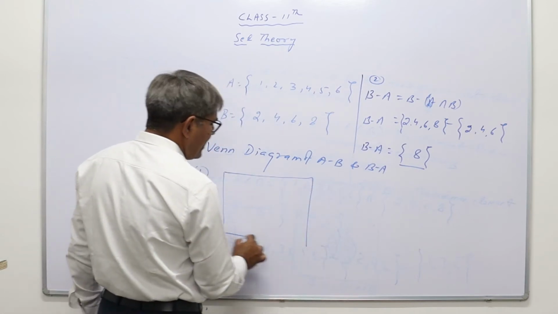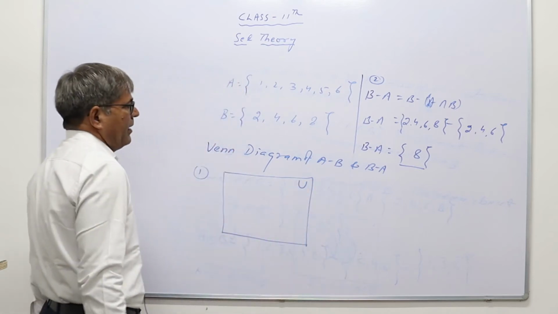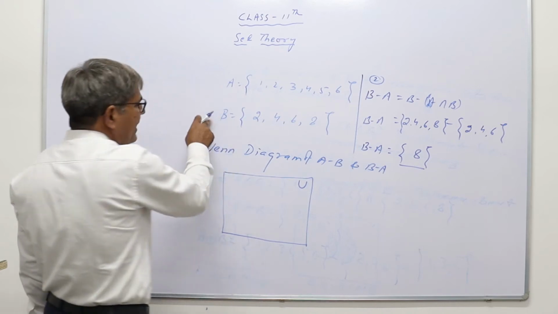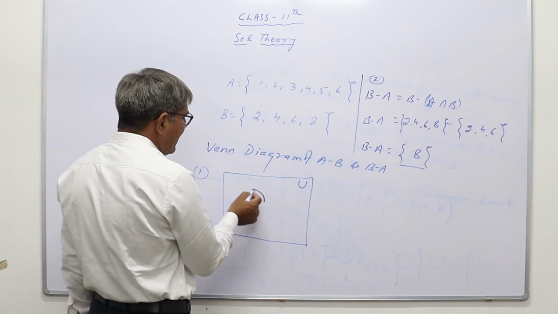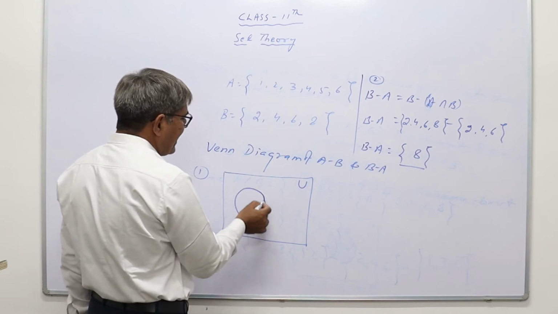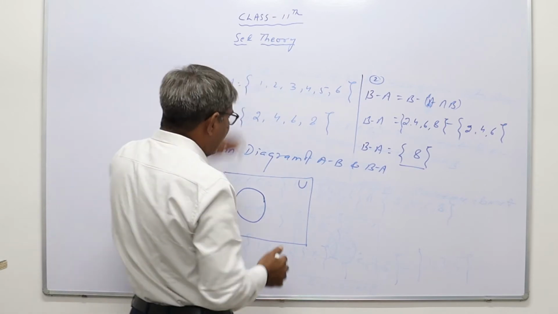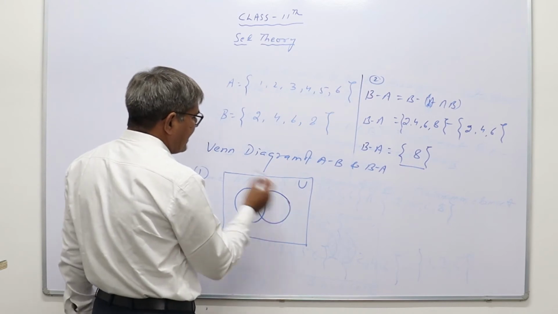This is the universal set U, meaning the set for which A and B are the subsets. Now see what is the A. Set A will be represented by a circle in the universal set, and if B has some common elements, then these two circles will intersect each other.